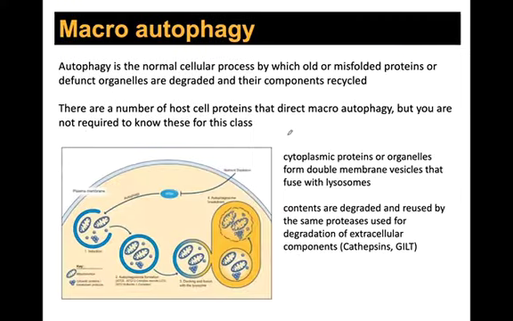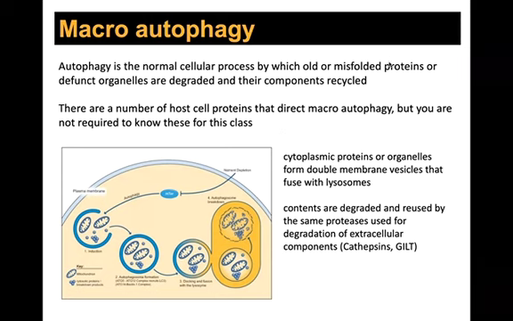And autophagy has many roles in cell biology. It's not strictly the immune system, but we're going to talk about how autophagy allows you to make CD4 T cell responses to internal proteins. Now, in cell biology, you probably have heard about autophagy and the recycling of organelles or proteins.